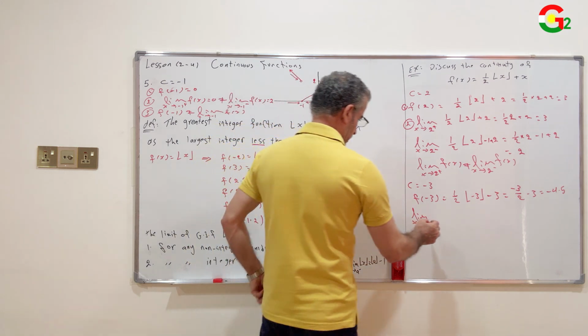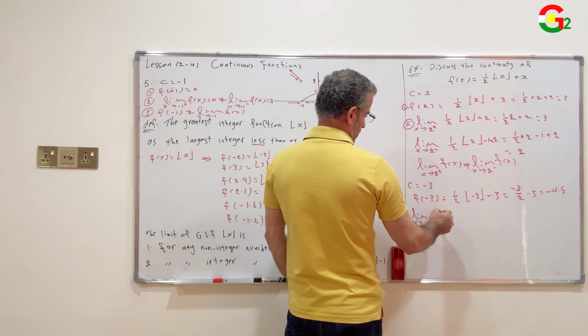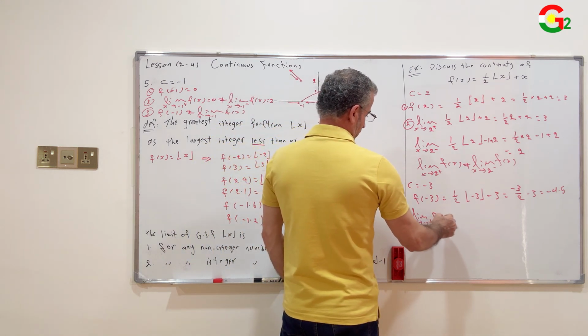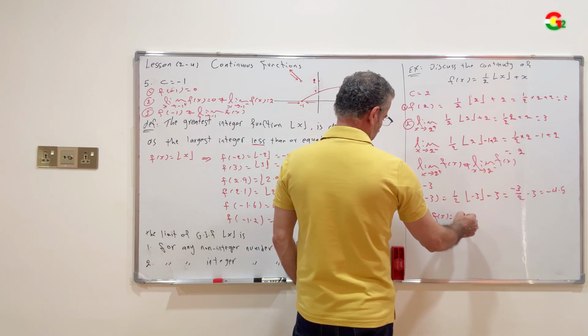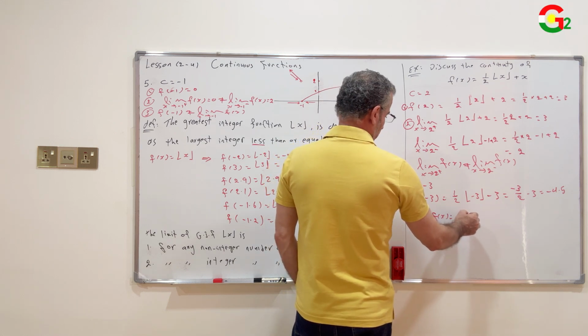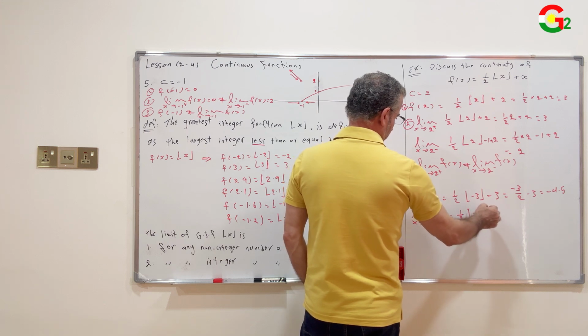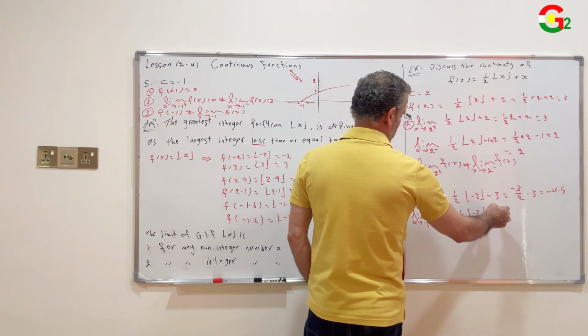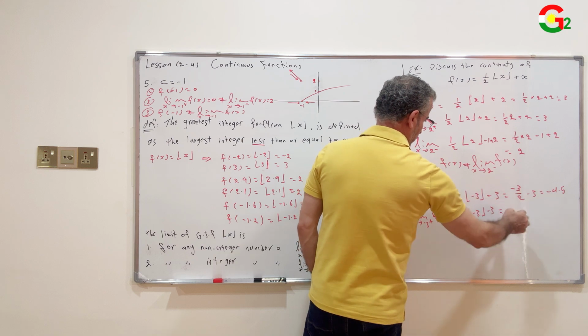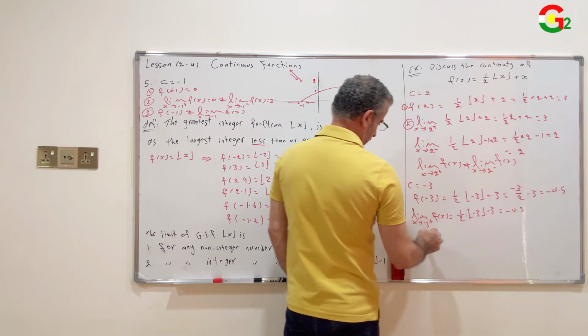of this function is equal to 1/2 greatest integer of -3 minus 3 equals -4.5.